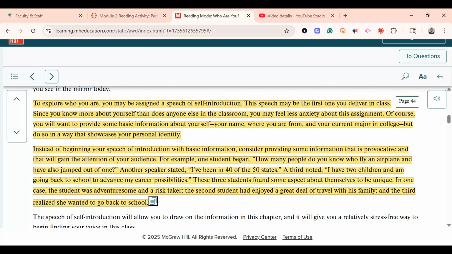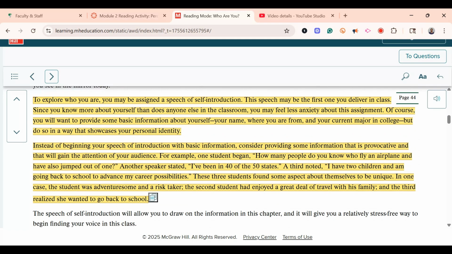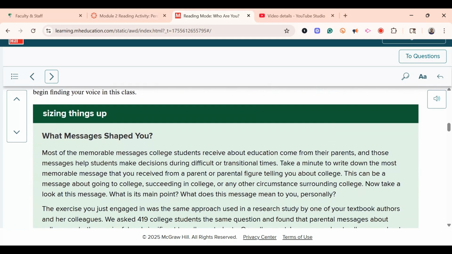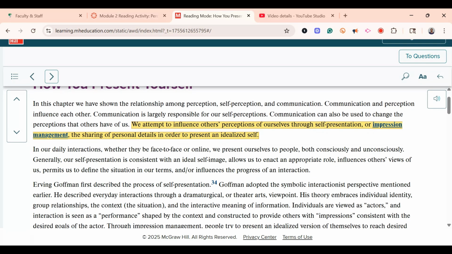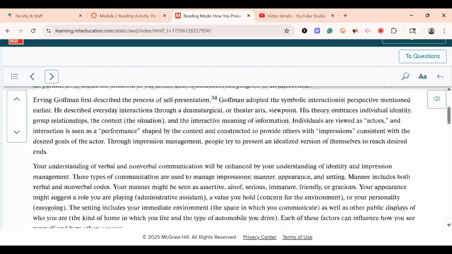So we have to really consider how we see ourselves and how we see others. Also, think about how you present yourself and how others perceive you. You may think that others perceive you one way when they may perceive you another, or you may present yourself in a way differently than you are.